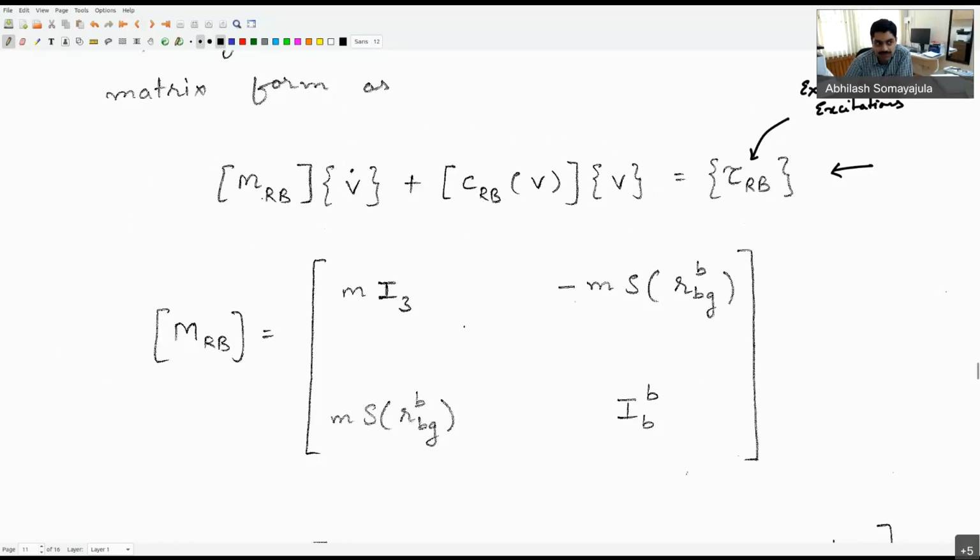That property will be particularly useful when we are designing control laws, which we'll talk a little bit down the line. At that time, you should see that these properties and the matrix form really come in handy when we want to design a controller or navigation system or even a guidance law for these vessels.